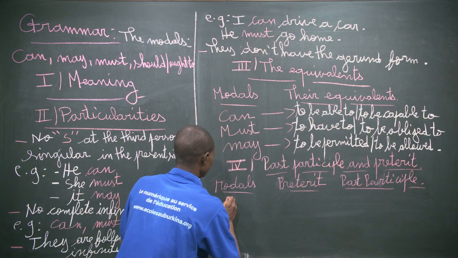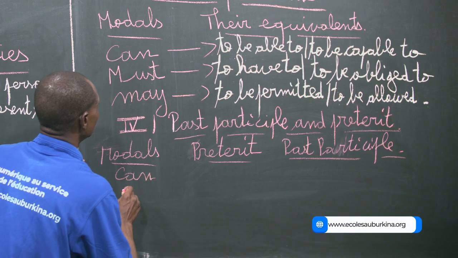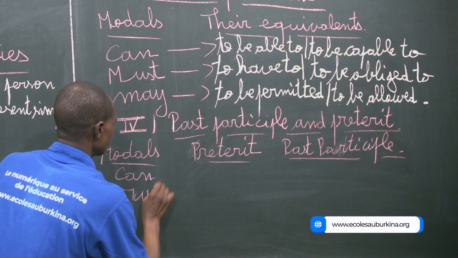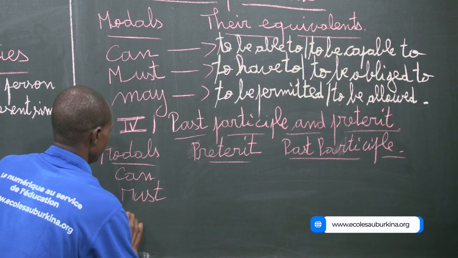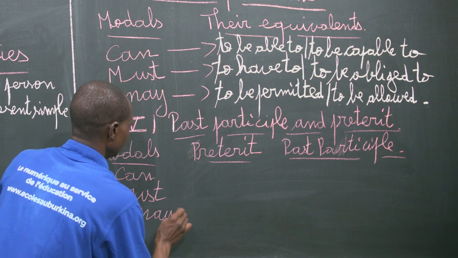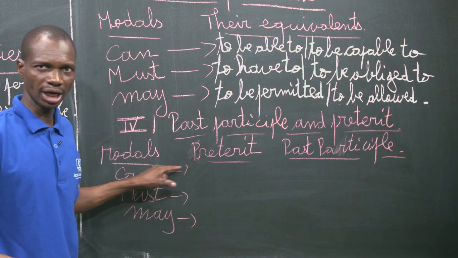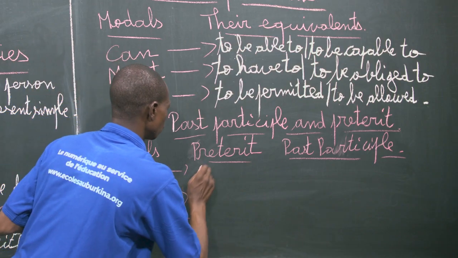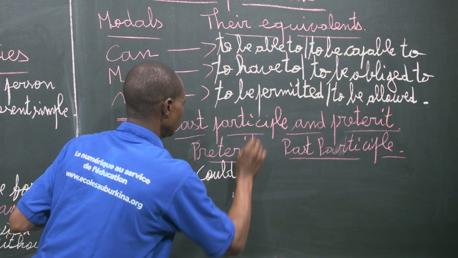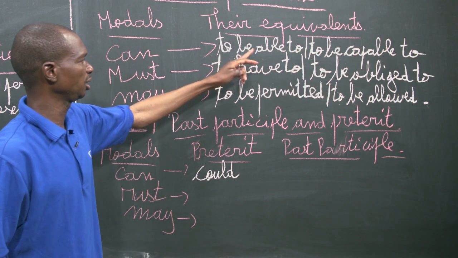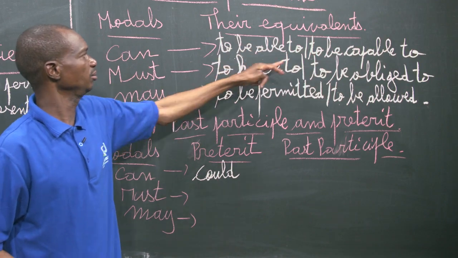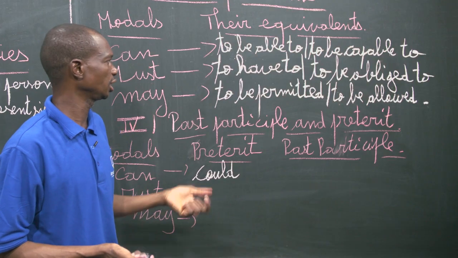Then the modals we have are can, must, and may. The preterite of can is could. We can also use here was able to or were able to. This is also another possibility.